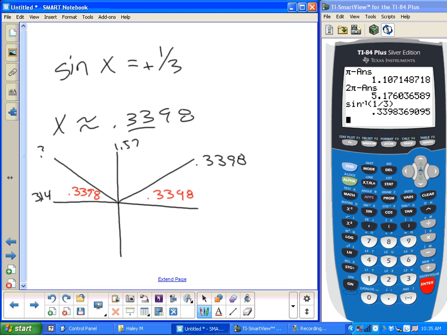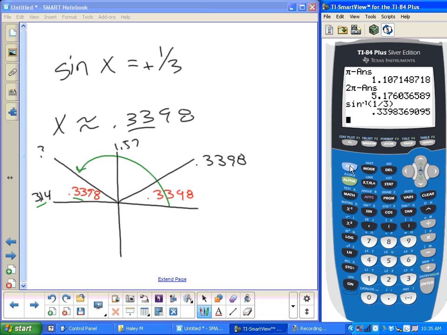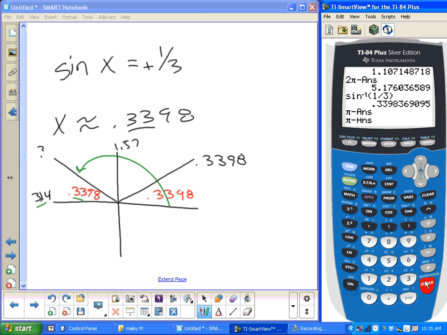Now, that's not what I'm looking for, though. I'm looking for the angle that's in standard position. So it's not quite to 3.14. It's this much short. So we subtract it from 3.14. So pi minus the answer.